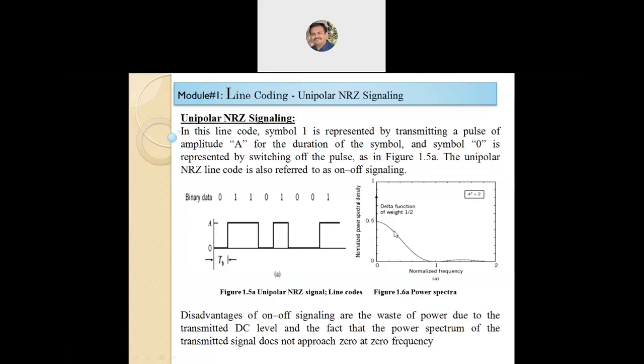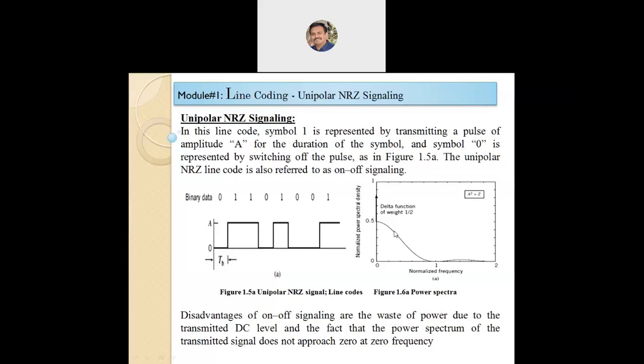Now let us discuss unipolar non-return to zero signaling. In this line code, a binary bit of 1 is represented by a pulse of amplitude A for the duration of the symbol. The duration of the symbol is T_B, and symbol 0 in the binary stream is always represented by switching off the pulse, that is 0.